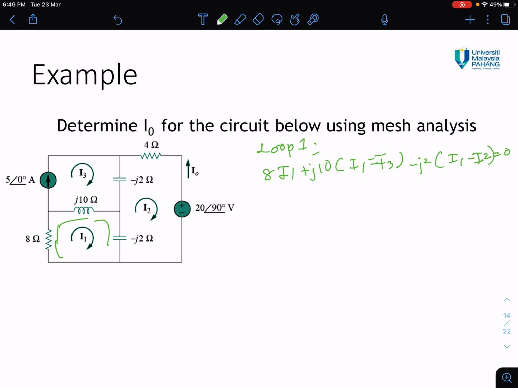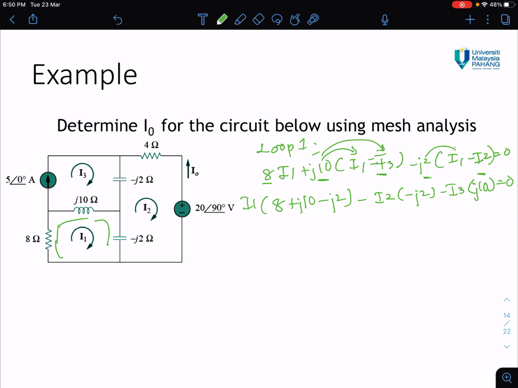So I basically start with I1. What is I1 here? We have 8, we have j10, and then I1 here is minus j2. Then focus on I2: we have only one element, plus j2 I2. How about I3? For I3 we also have one element, which is minus j10 I3. If you are not familiar with this way, you can use this way.